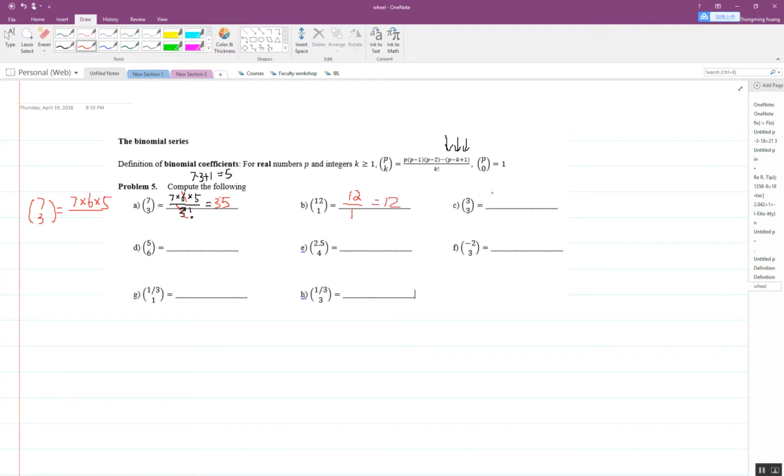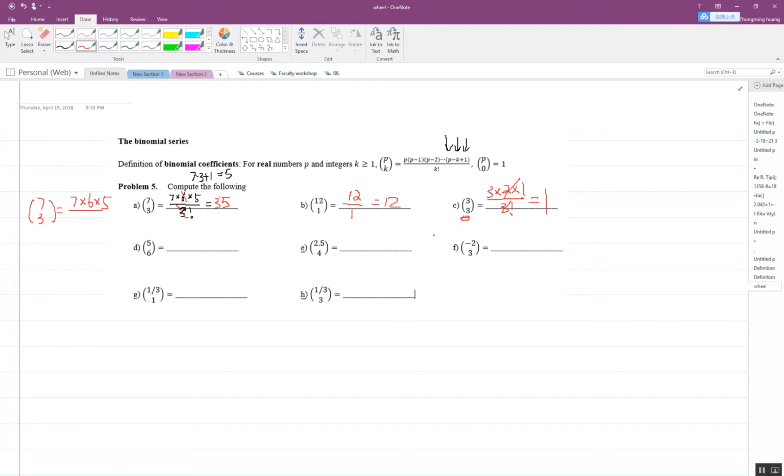And 3 choose 3, so that means on the top you have 3 times 2 times 1, 3 numbers. And here the bottom is 3 factorial, therefore you cancel that, which is just 1. And this should make sense, very intuitive. Just ask yourself, how many ways to choose 3 students from 3 students? Only 1 way, you just choose them all.